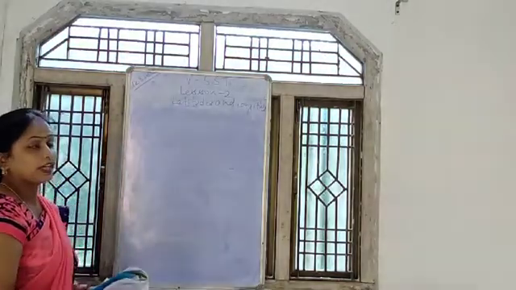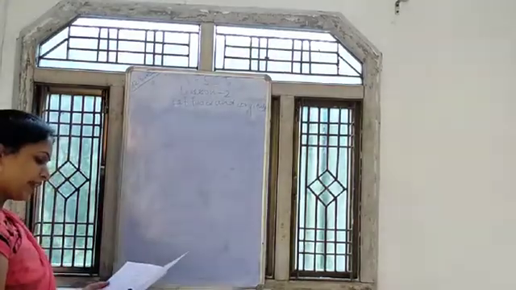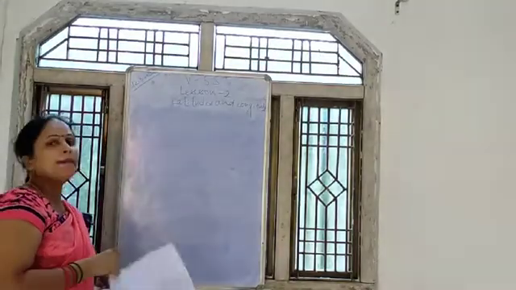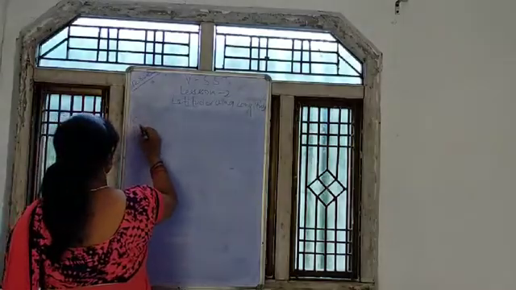Question number 5. So this is the last question. How do the latitude and longitude divide the globe? Name the parts. How does it divide? Now answer number 5.